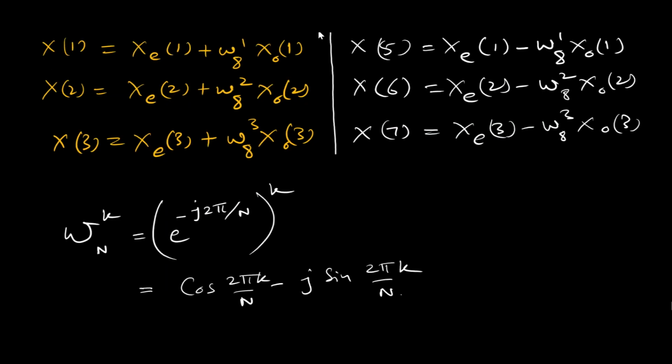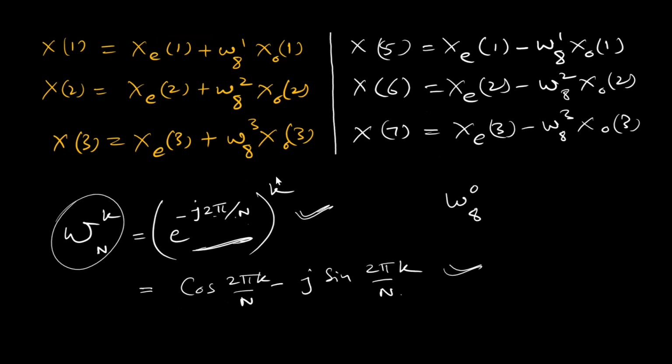The twiddle factor you are getting in the equation is of the form wn to the power k. This can be written as exponential of this thing to the power k. Further we can expand this by Euler's formula: cos of 2 pi k by n minus iota sine of 2 pi k by n. Now we have to substitute for k. Suppose we are finding w8 to the power 0.